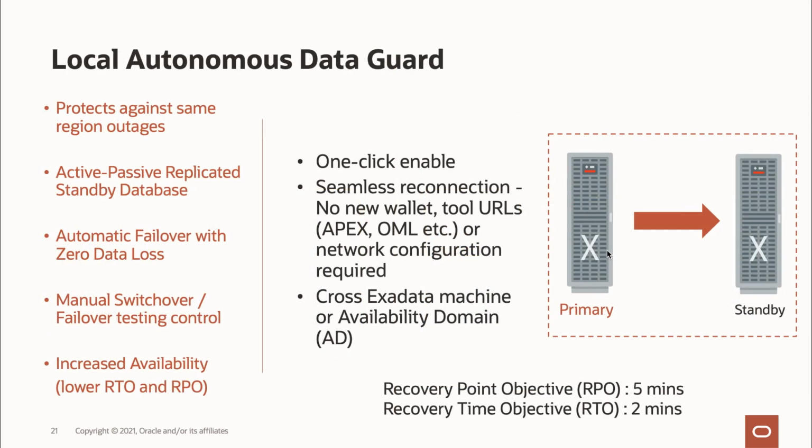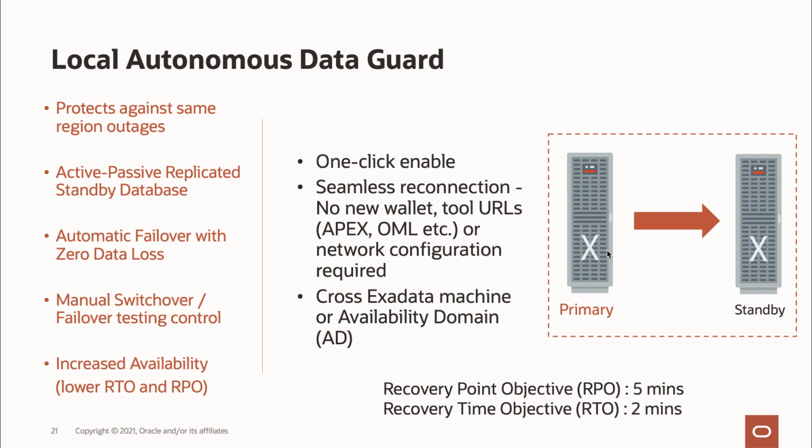So let's dive in a little deeper into each of these types of standby databases in Autonomous Data Guard. Beginning with local Autonomous Data Guard, as we talked about before, local is a simple one-click enable Autonomous Data Guard standby database and protects you from outages within the same region by creating a standby database on a different Exadata machine.